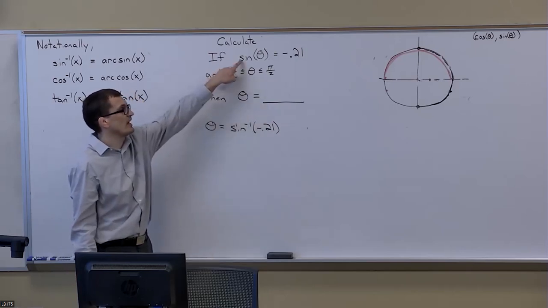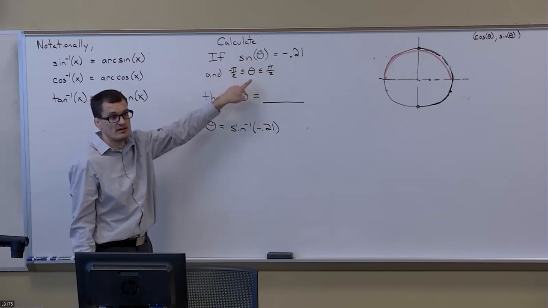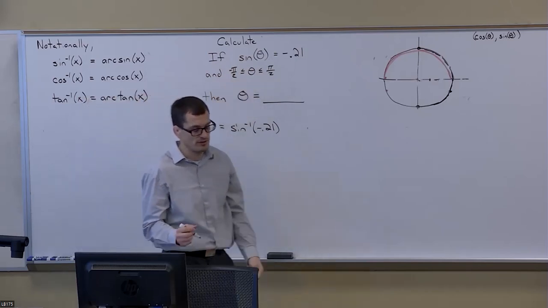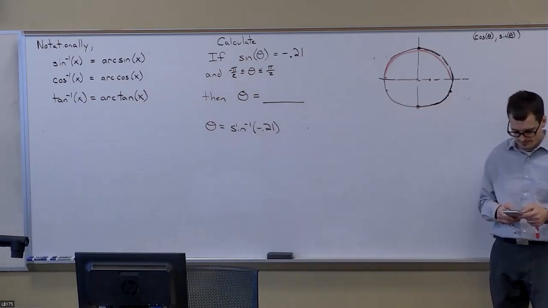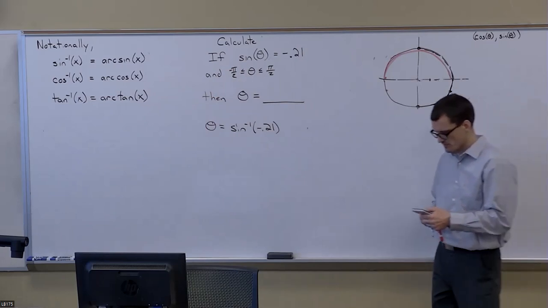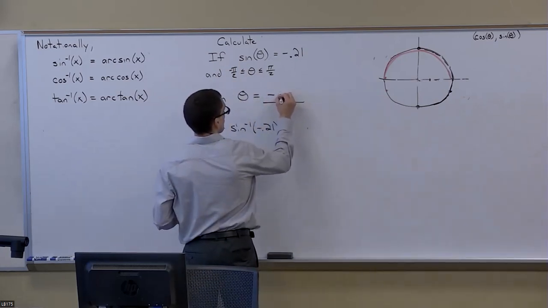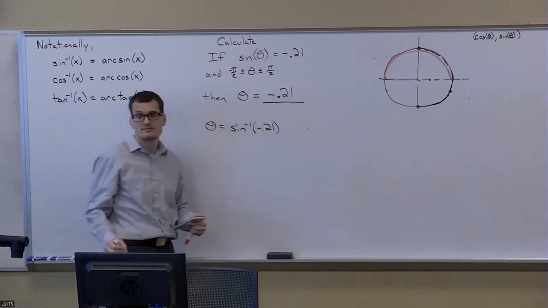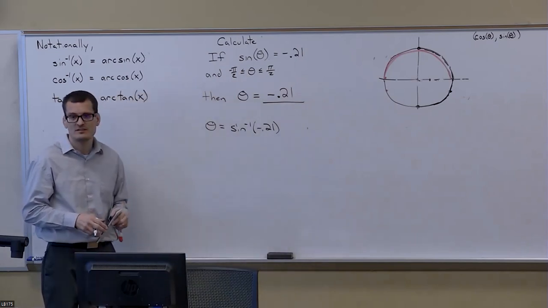So inverse sine can solve this equation as long as I restrict my output values, or excuse me, my values for theta. Oh, look at that, negative 0.21, huh? That usually doesn't happen. That's the rounded version.